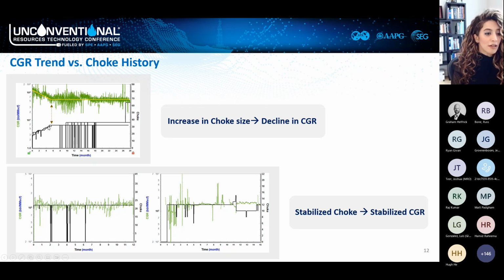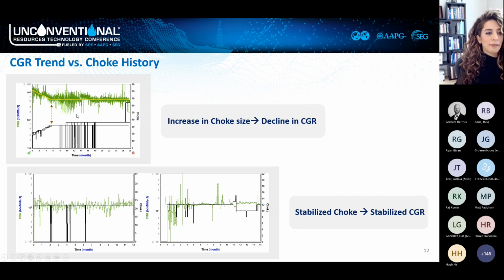Once the choke reaches the target choke for these wells, it was around 30 to 33, and choke stabilizes around a constant size, we can see that the CGR also stabilizes at a constant value, obviously with a very tiny decline in slope that for all practical purposes, I would like to call a constant CGR.